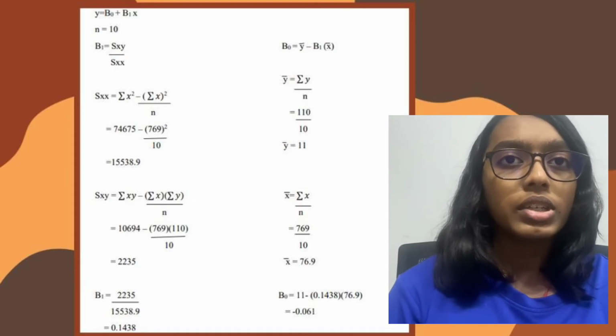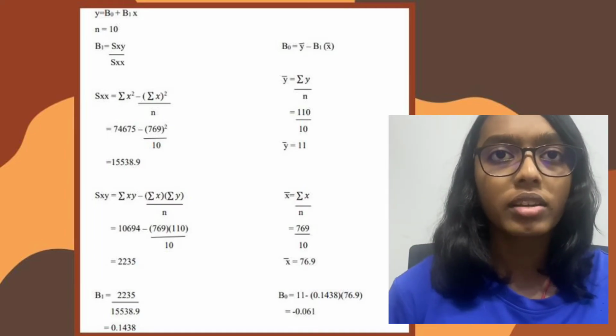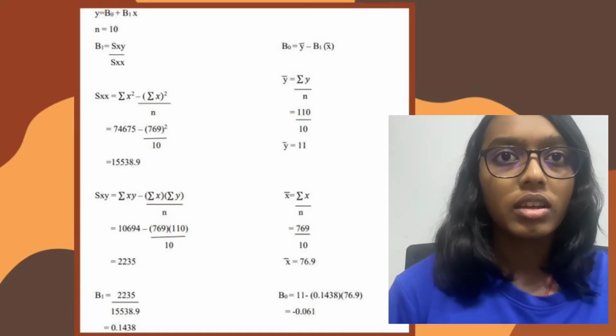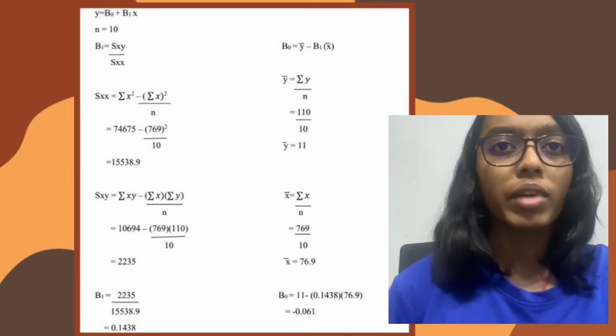Next is to calculate B0. To calculate B0 is y bar minus B1 times x bar. Y bar equals the sum of y divided by 10.